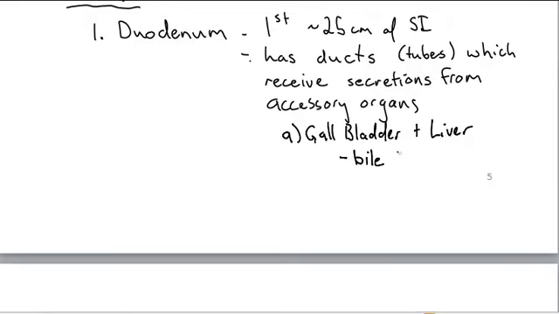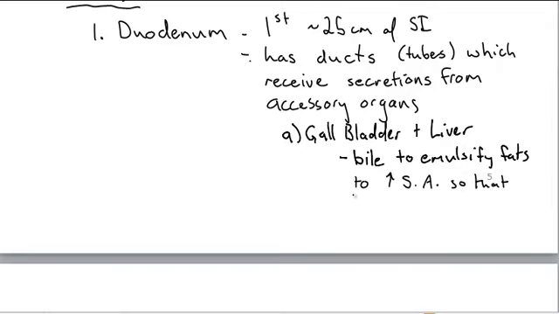The function of bile, if you recall, is to emulsify fat to effectively increase their what? You said surface area? Correct. So that they can be better digested or more efficiently digested.